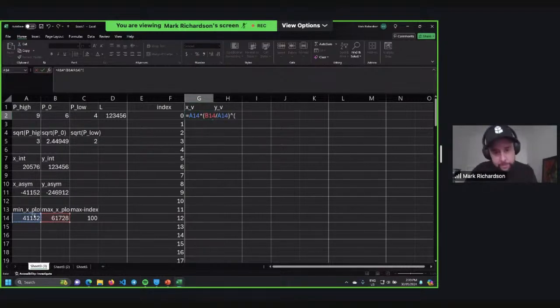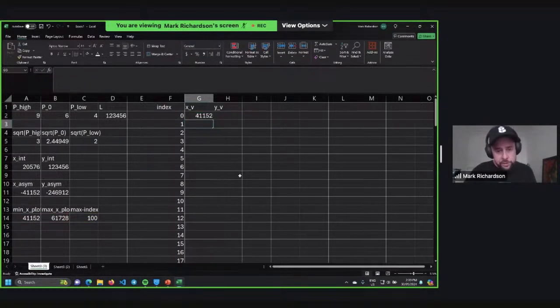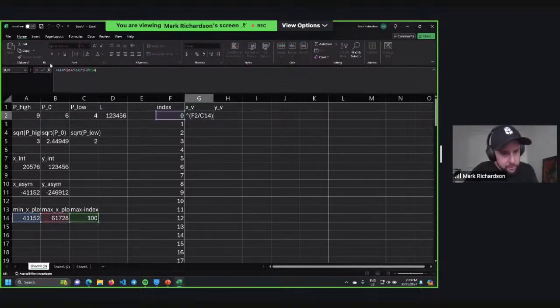And then you raise that to the power of whatever the index is that you're currently at, so whatever data point that you're at, as a quotient of the maximum index that you're trying to reach. And you should see already that this is giving us exactly the starting value that we were looking for.